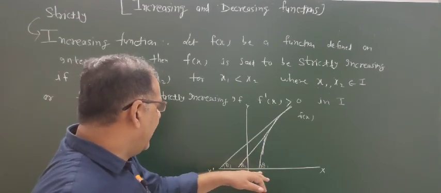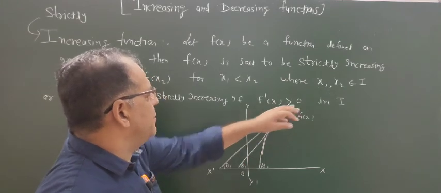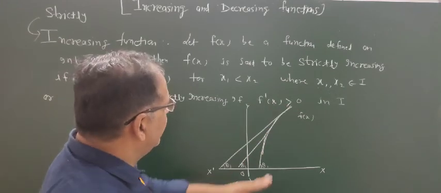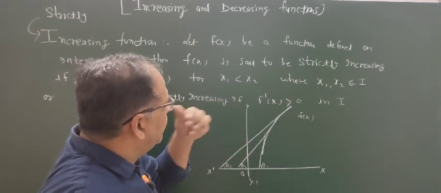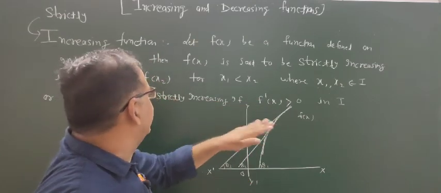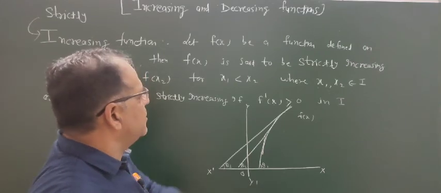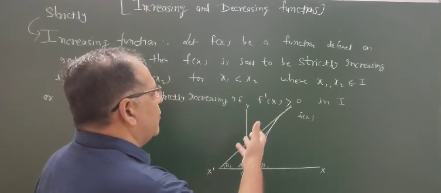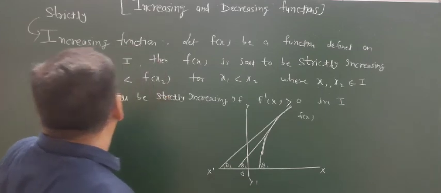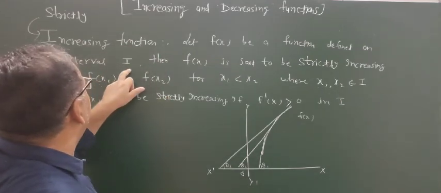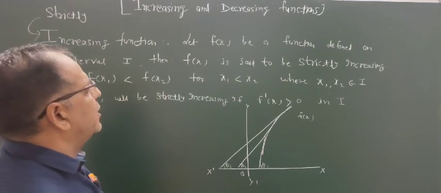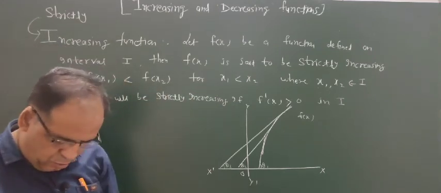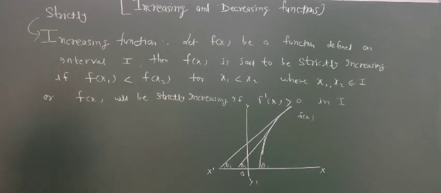So all angles are acute, and f'(x) is always positive. There are no points on the curve where the tangent is parallel to the x-axis. So in a strictly increasing function, f'(x) is always positive, and f(x1) is less than f(x2) for x1 less than x2. This is the concept of strictly increasing function.